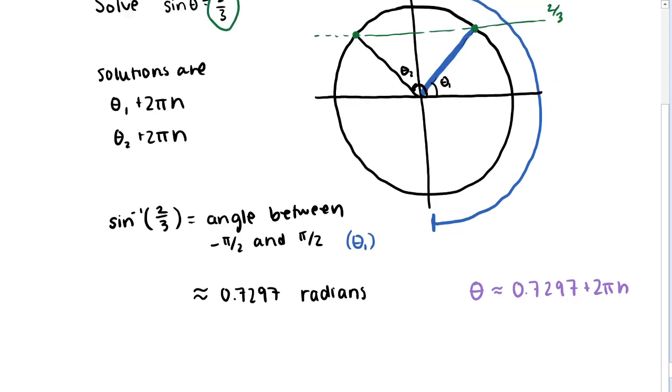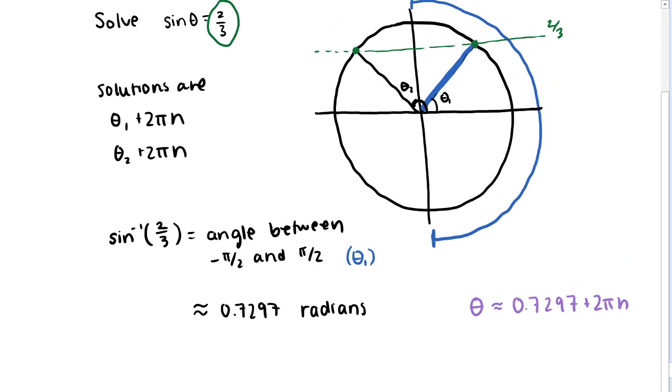And then we still need to figure out the other family of solutions corresponding to theta 2. If we think about this picture here, there is this triangle for theta 1, and really we can imagine that same triangle would have to fit on the other side of the unit circle as well.